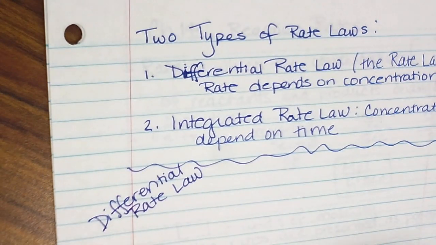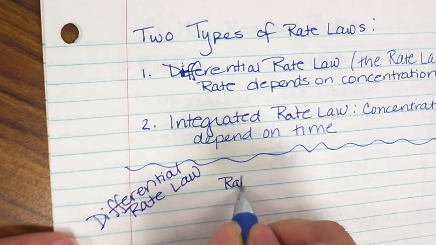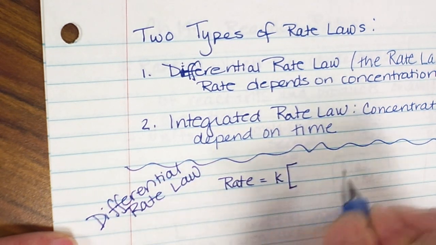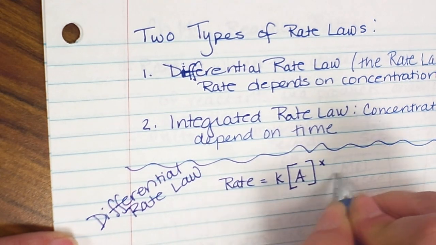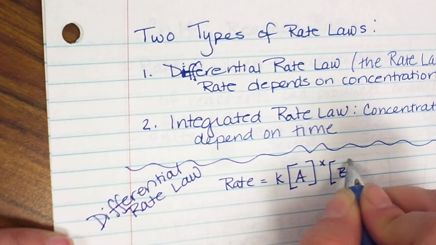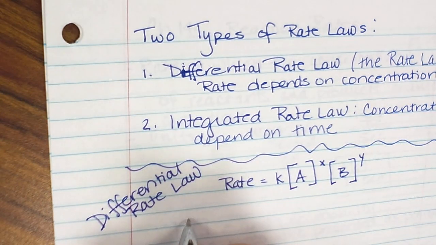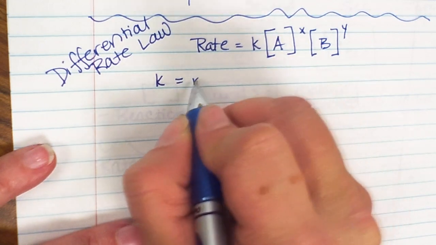Okay, so the equation used to determine the reaction rate is this. Rate equals K times the concentration of A to the X times the concentration of B to the Y. K equals the rate constant.